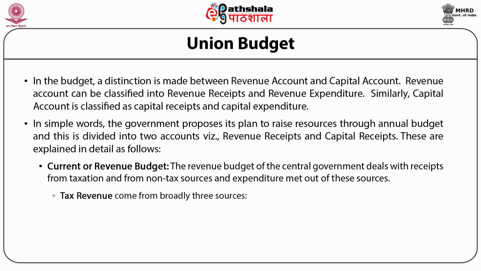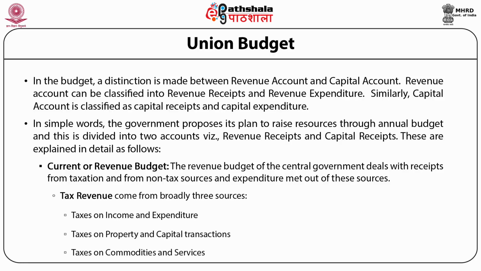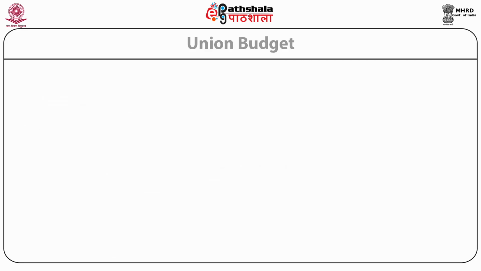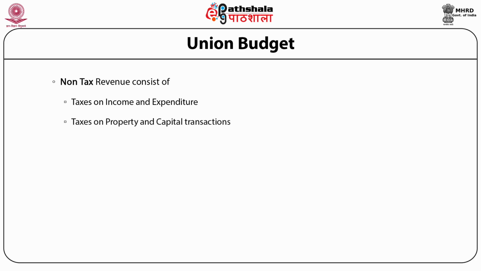Tax revenue comes broadly from these sources: tax on income and expenditure, tax on property and capital transactions, and taxes on commodities and services. Non-tax revenue consists of currency, coinage, mint, interest receipts and dividends, and other non-tax revenue.